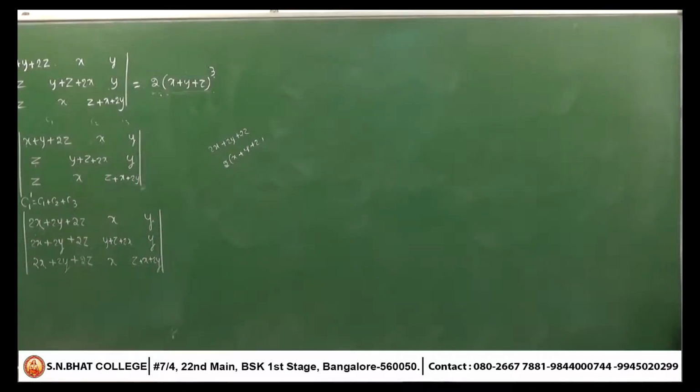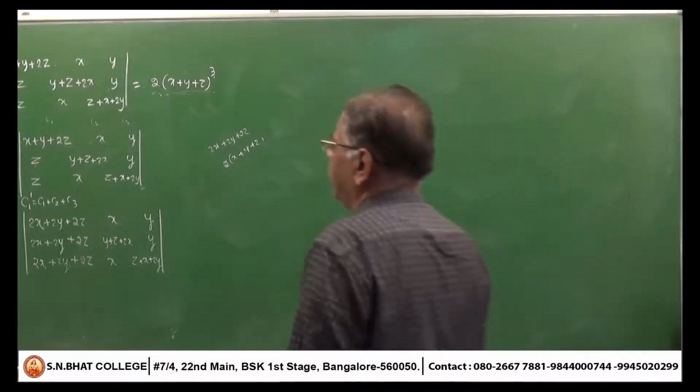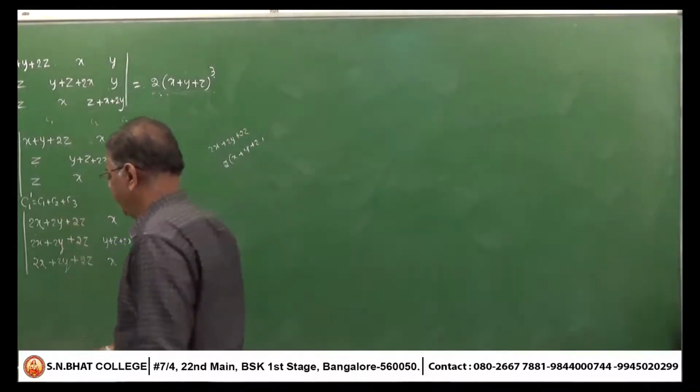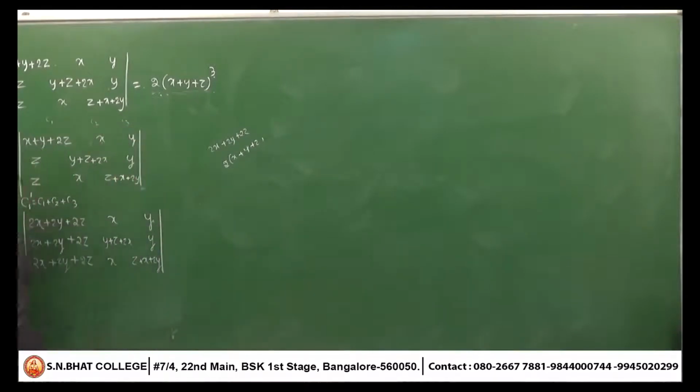Now in the first column, what is the common factor? 2x plus 2y plus 2z is the common factor in the first column. You are left with 1, 1, 1.